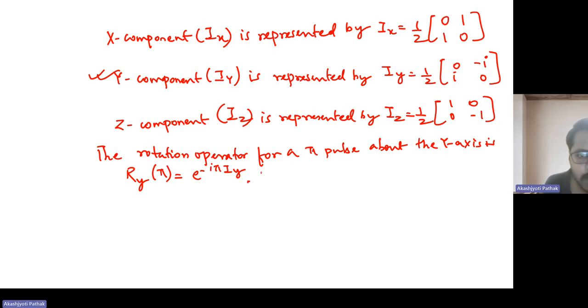Now to compute this, we use the fact that the exponential of a Pauli matrix leads to a specific form.